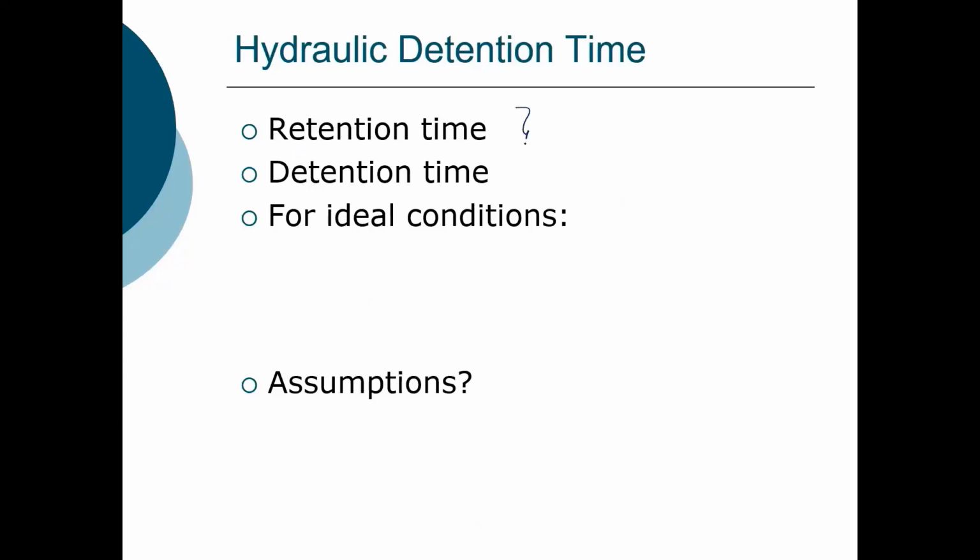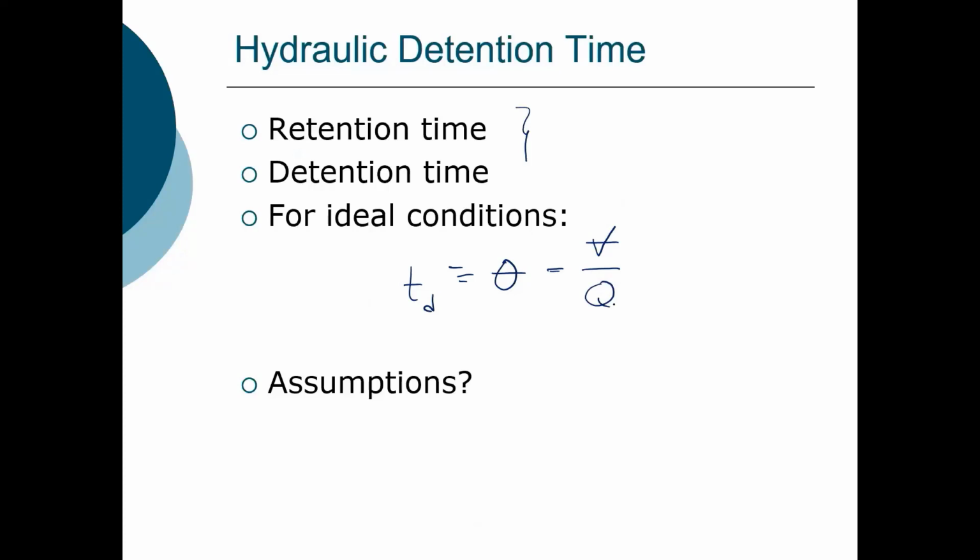These are synonyms for the same term in the context of reactor theory. So for ideal conditions, the detention time, you'll see either the term t sub D or you'll see omega, and that is equal to the volume of the reactor divided by the flow rate.